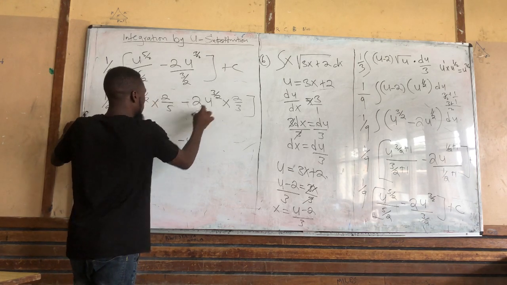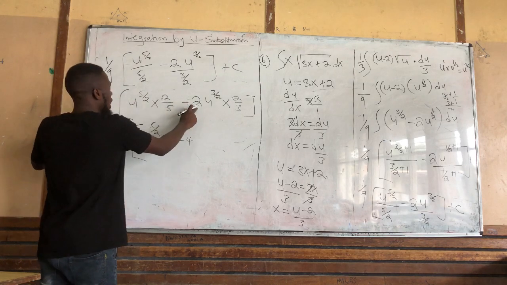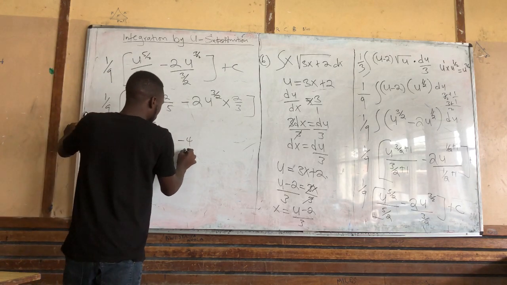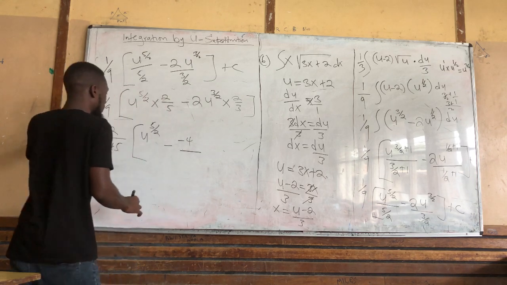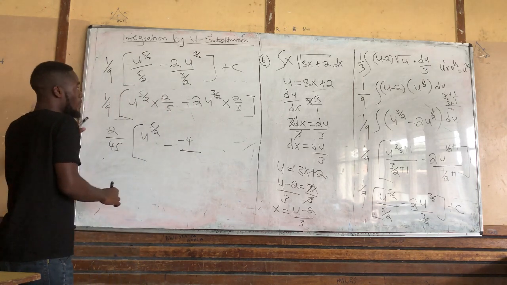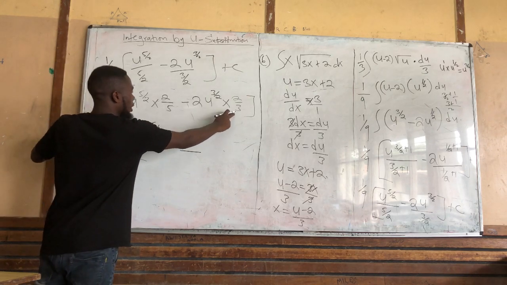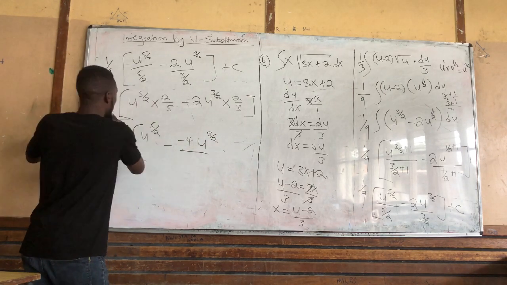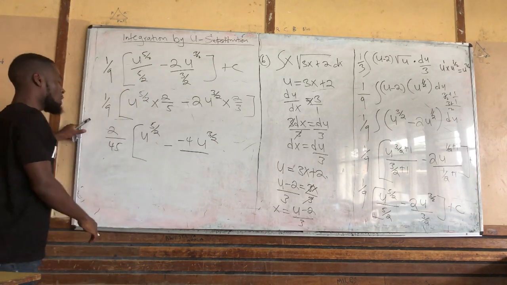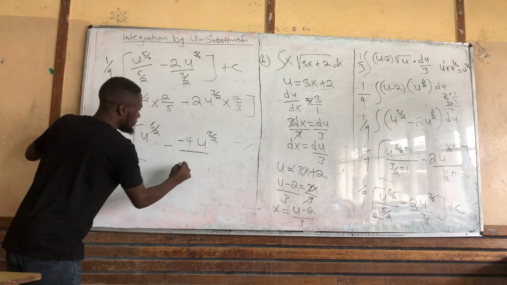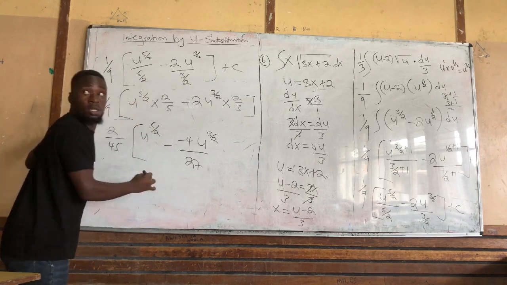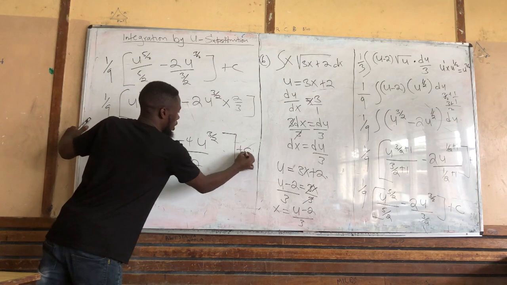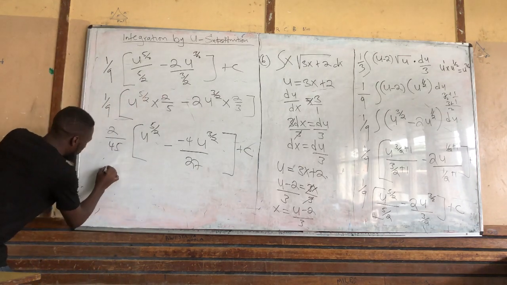Negative 4 multiplied by this one here will be negative 4, over 9 multiplied by 3, which is 27. So negative 4 u to the power 3 over 2 over 27. Then we close like this, plus c there. So what is the final answer?